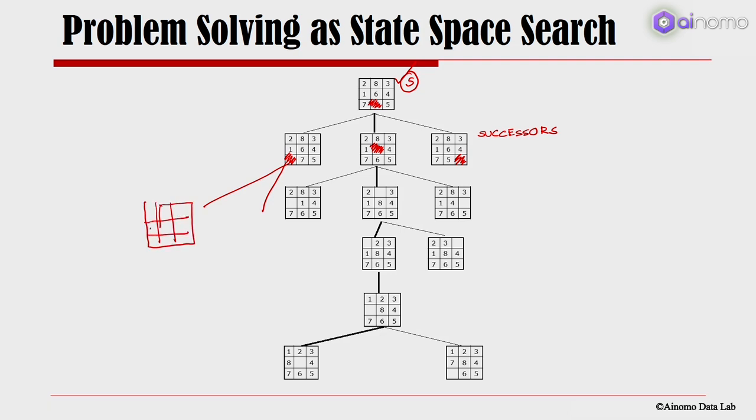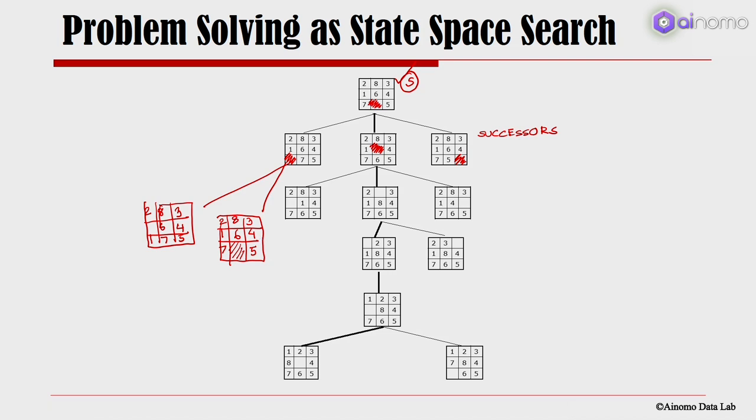Like the blank could go up and one could come down, so we could have 2, blank, 1, 8, 6, 7, and 3, 4, 5, and we could have another one which would be like 2, 8, 3, 1, 6, 4. 7 could go this side, and I would have blank here, and I would have 5. So we could generate all the successors from one node.